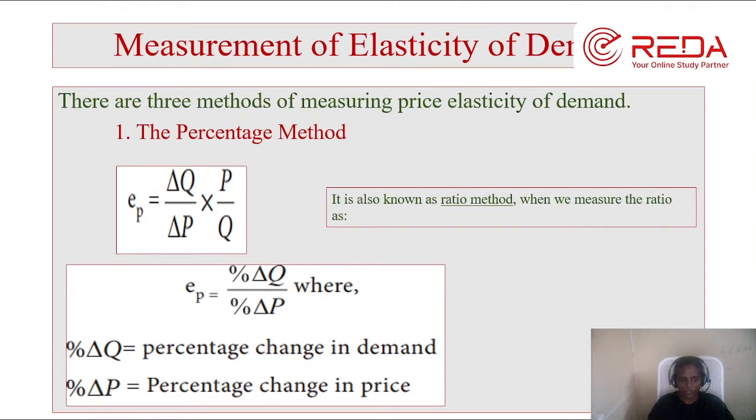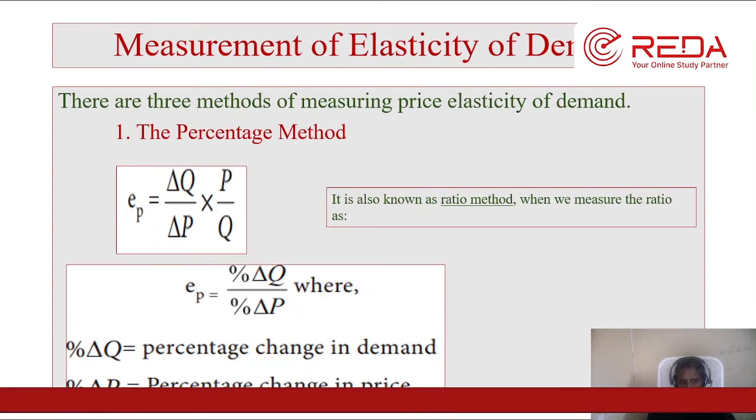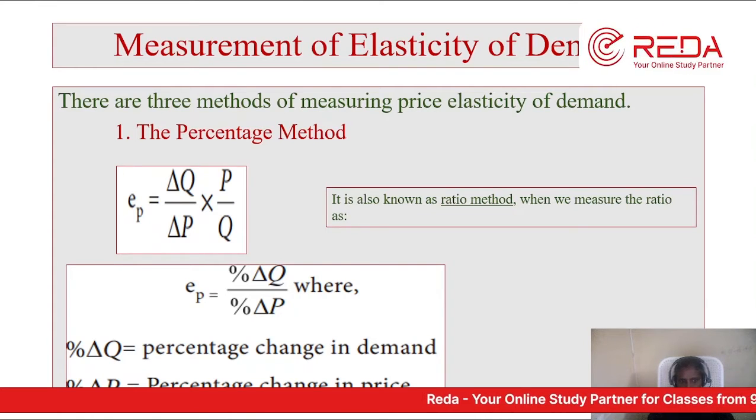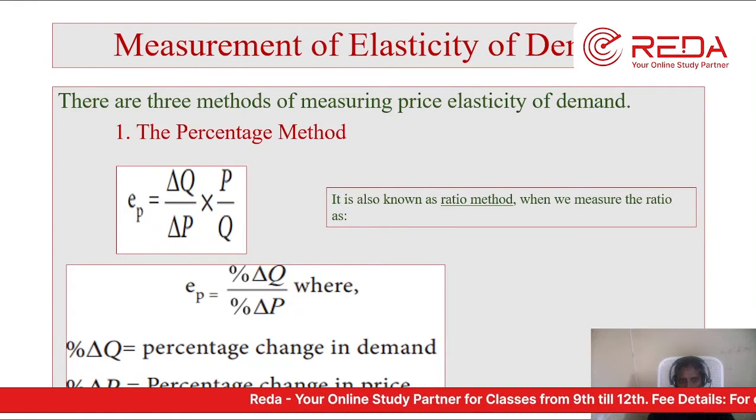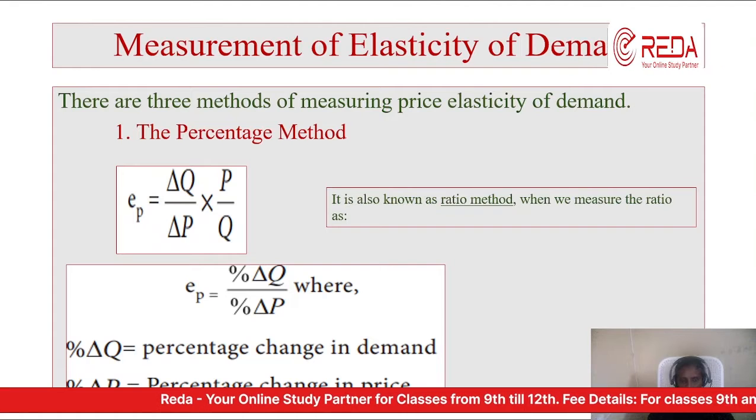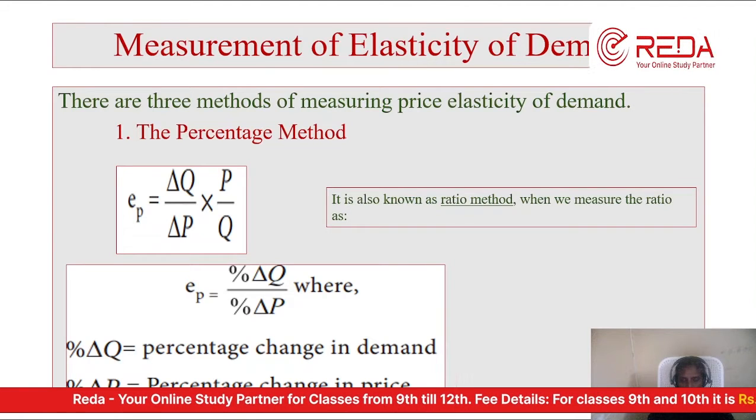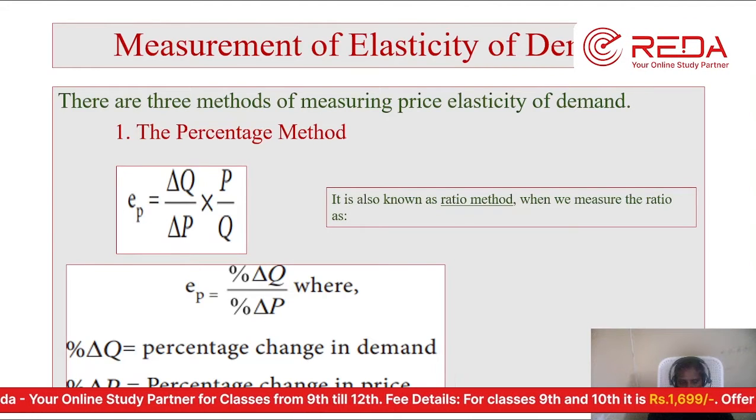EP is equal to percentage change in the quantity demanded over percentage change in the price of the commodity. Symbolically, EP is equal to percentage delta Q by percentage delta P. So this is the formula.